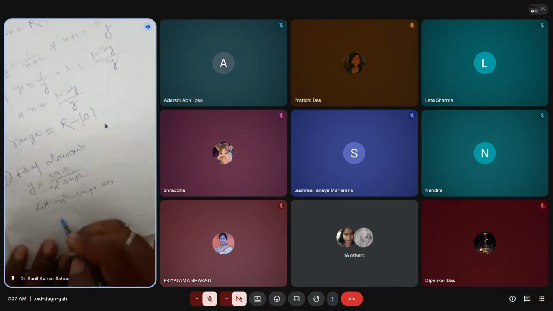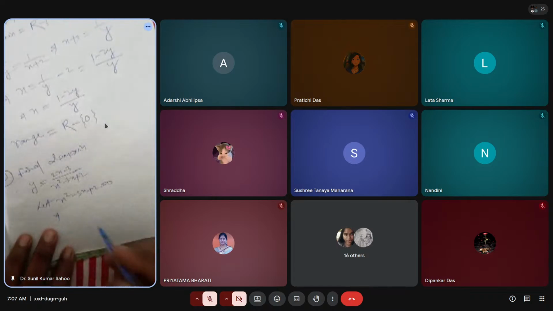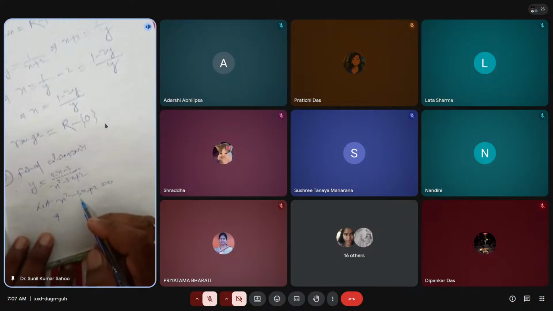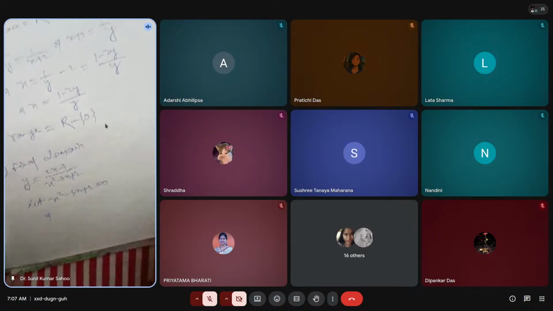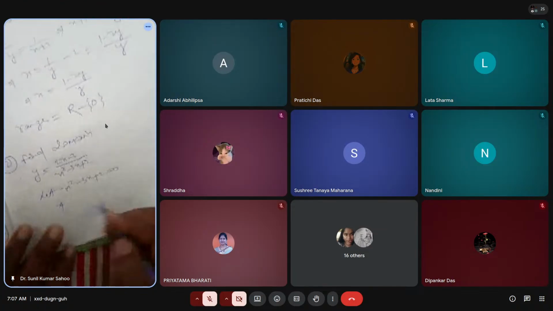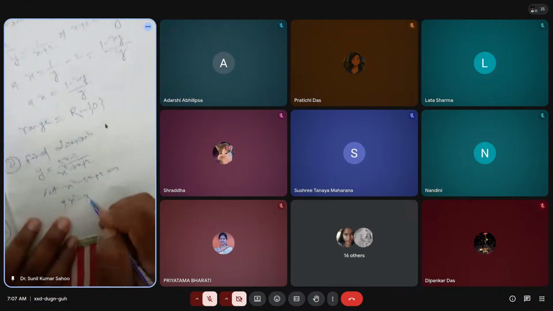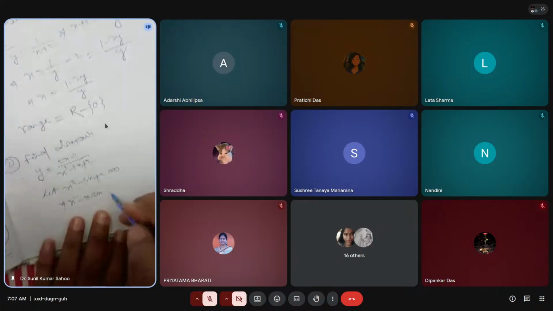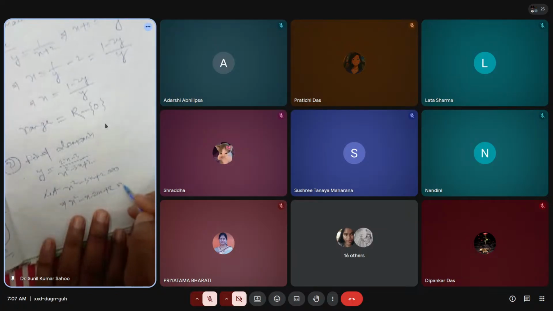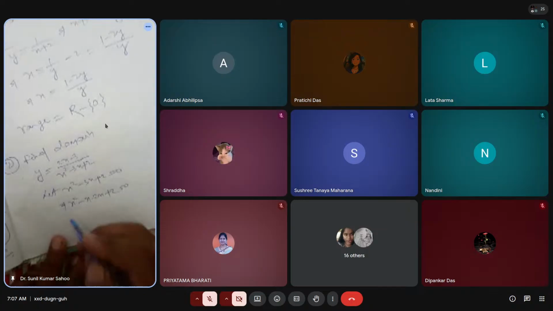That implies, here multiplication 2x square and addition minus 3x. So by middle term, x square minus x minus 2x plus 2 equal to 0. Okay.